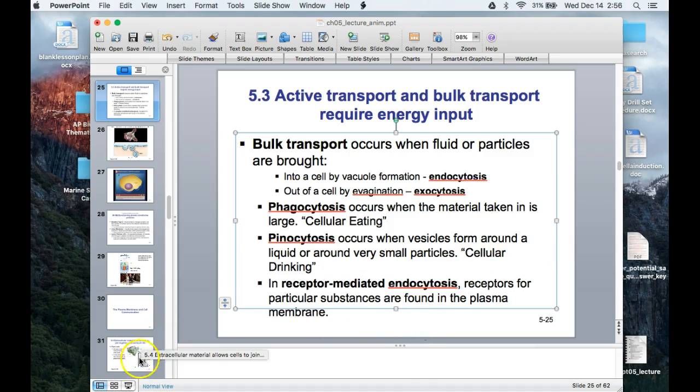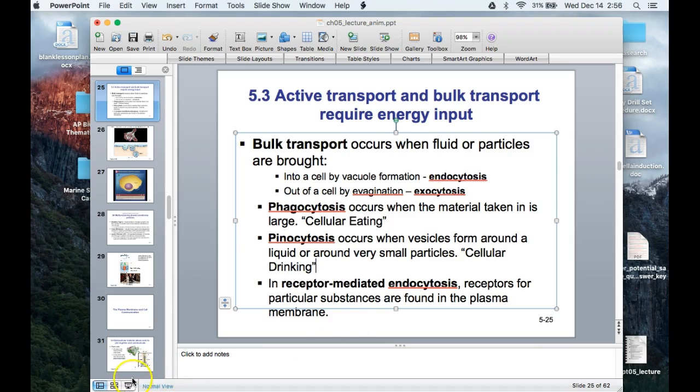And then, of course, there's receptor-mediated endocytosis. And ultimately, what's going to happen there is receptors for particular substances that are found on the cell membrane are going to recognize those substances, and they're going to be able to carry out some sort of response to bring in a particular substance or molecule.